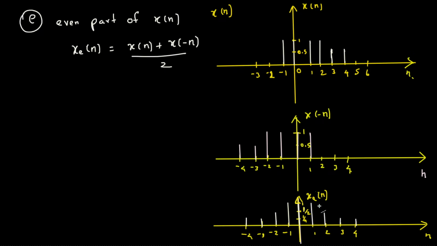This is our even function. You can actually verify even functions by looking at symmetry. Even functions are symmetric, and odd functions are not symmetric. So this is symmetrical, so you can confirm that this is how the graph is going to look.